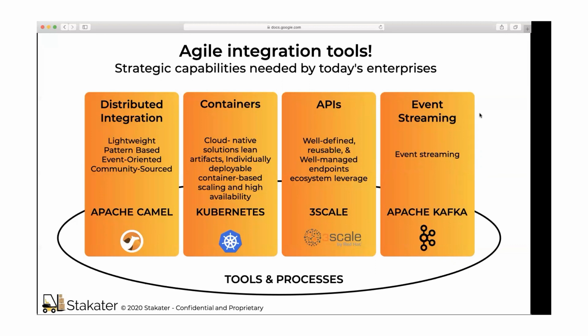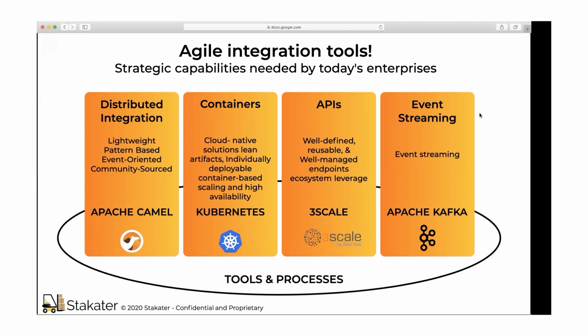It is composed of four key areas. The first one is the integration platform, which we call distributed integration. I don't want to call it a platform because you can include the integrations as part of small microservices. What we recommend is Apache Camel, which is a lightweight, pattern-based, event-oriented, and community-sourced integration platform.